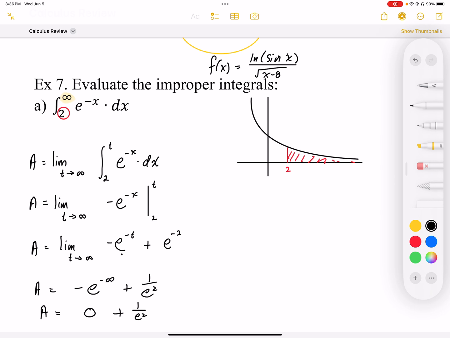So what that tells me is this area that's unbounded along the x-axis works out to be 1 over e squared, so about 0.1, somewhere around there.